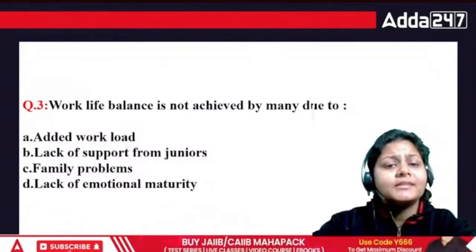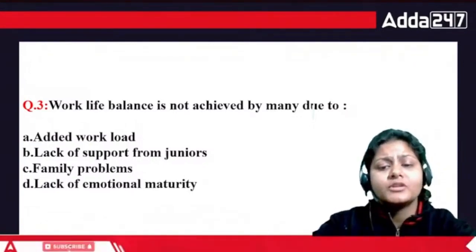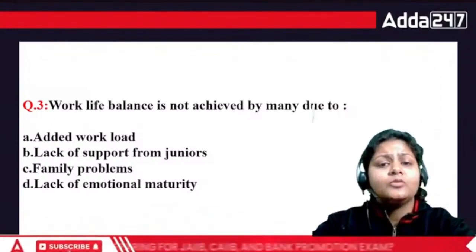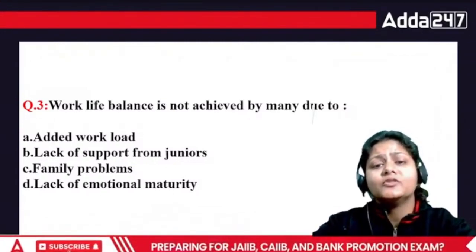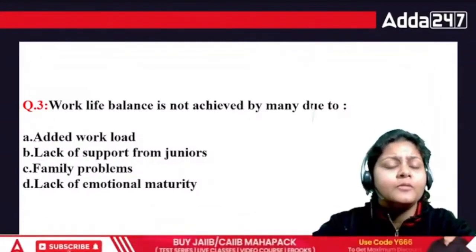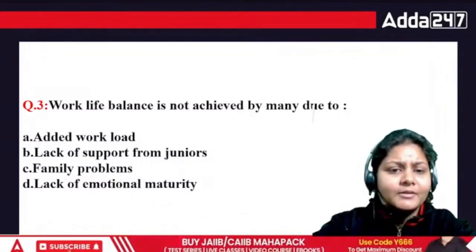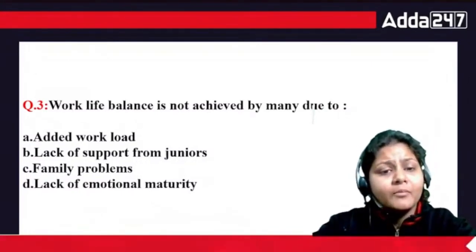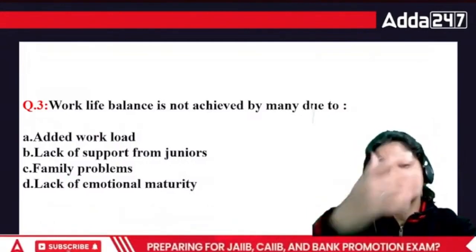Now what is this question all about? Work life balance is not achieved by many due to added workload, lack of support from junior, family problem, or lack of emotional maturity.